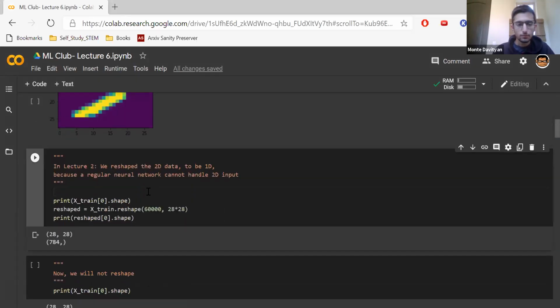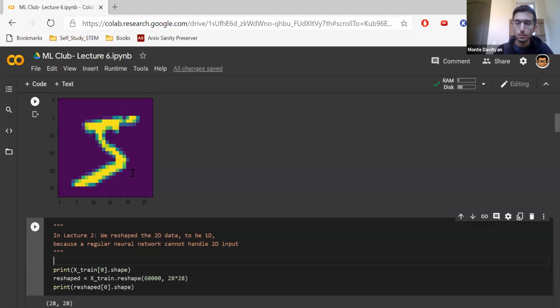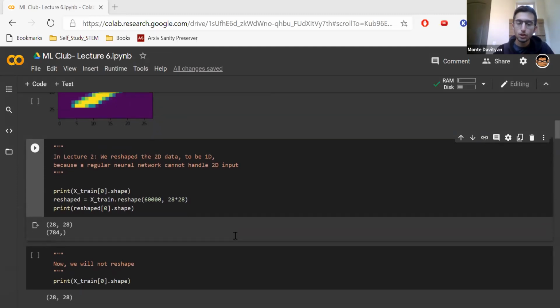And so in lecture 2, we reshaped the data, the image data, which in this case is 2-dimensional data. We have rows and we have columns. The regular neural network that we worked with couldn't handle this. It can only input 1-dimensional data. The way we allowed our neural network to deal with this is we flattened the data.